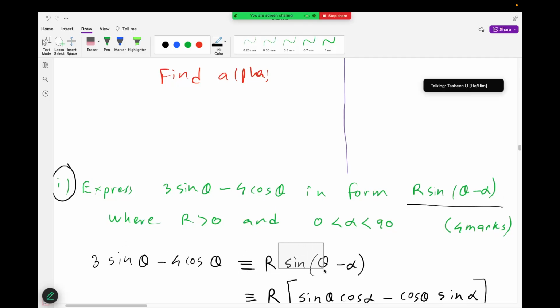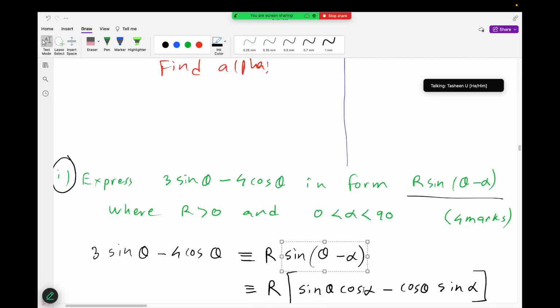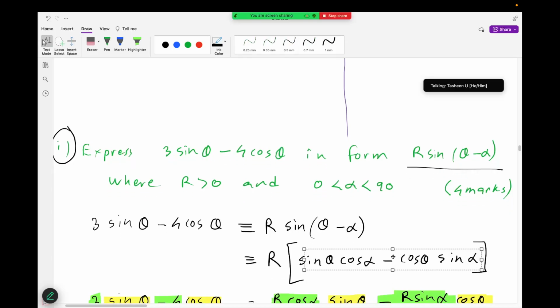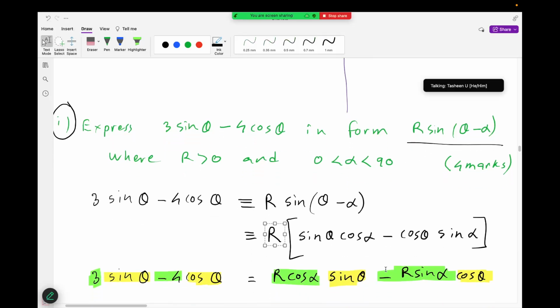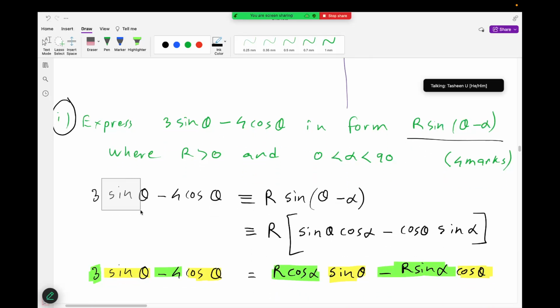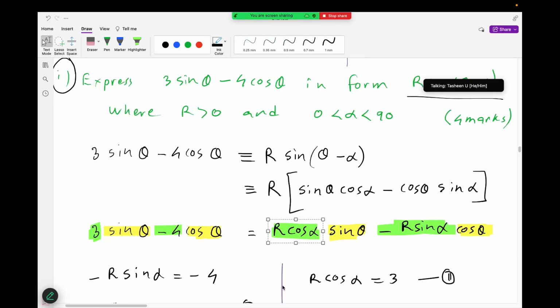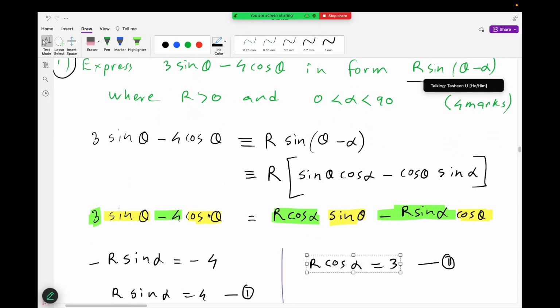Then you use the compound angle formula for sine: sine A minus B equals sine A cos B minus cos A sine B. You break it using that formula, multiply by r, and compare the coefficients. The sine theta terms are the same, so r cos alpha equals 3, and equating cos theta, negative 4 equals negative r sine alpha.